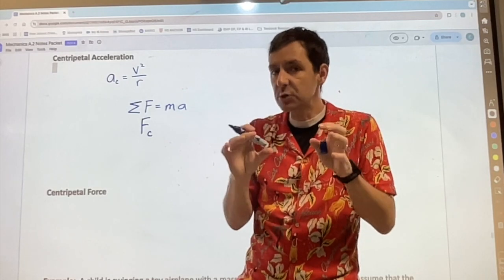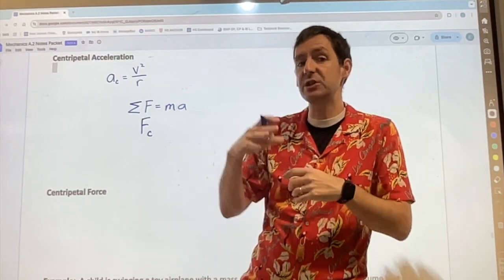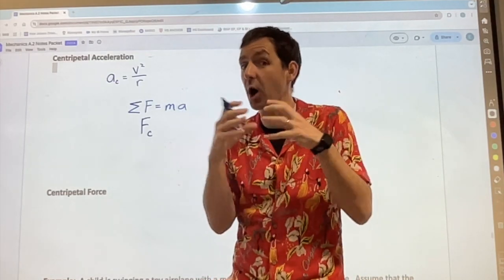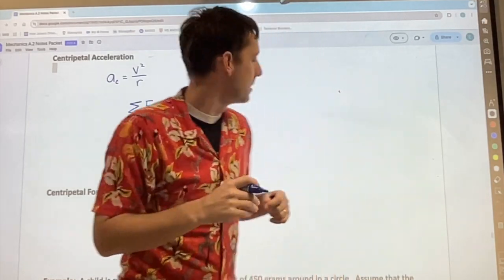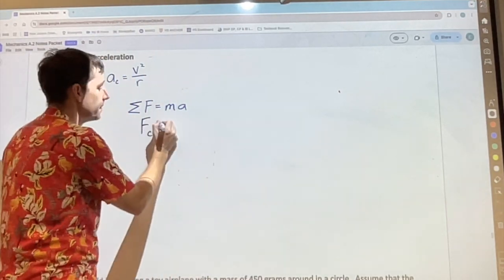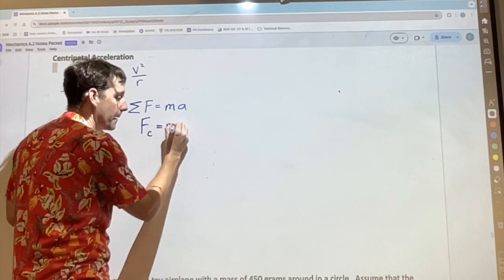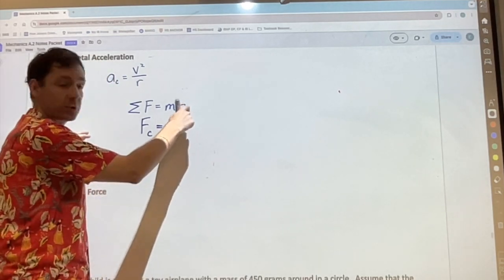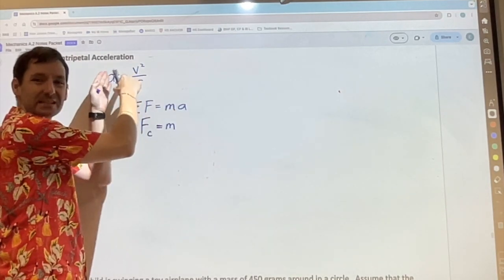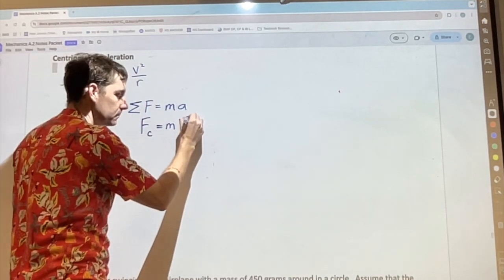So whatever the centripetal force is, and we're going to find some situations next class where sometimes the centripetal force is a combination of forces as well. So centripetal force is the sum of the forces, which is going to equal m times the acceleration, which, if the centripetal force is the net force, then the acceleration is v squared over r.